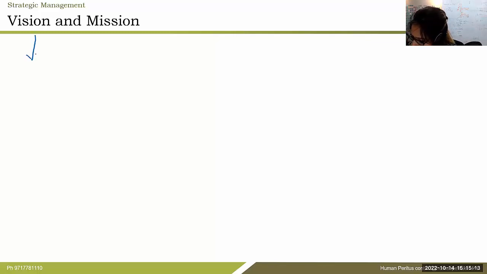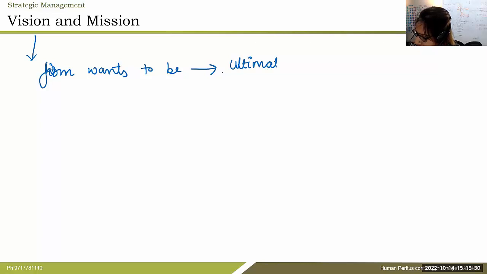So let's start with what is vision. Vision is a picture that tells the firm where the firm wants to be, as in what it ultimately wants to achieve.